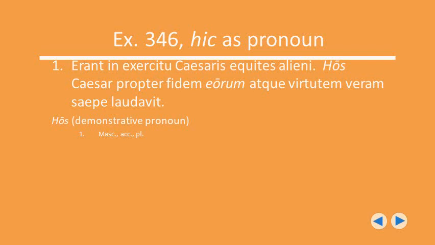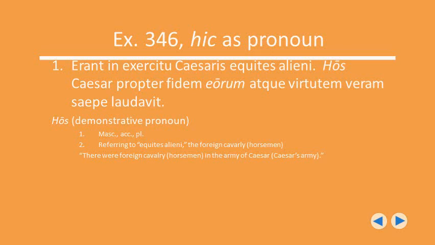So it's at the beginning of the sentence, but it's going to serve as the object of the verb, receiving the action. So it's referring back to the previous sentence, to the equites alieni, these foreign cavalry. So the first sentence: there were foreign cavalry, foreign horsemen in the army of Caesar, in Caesar's army.